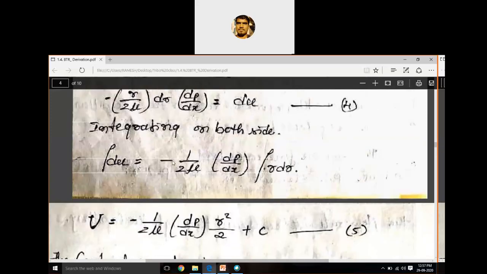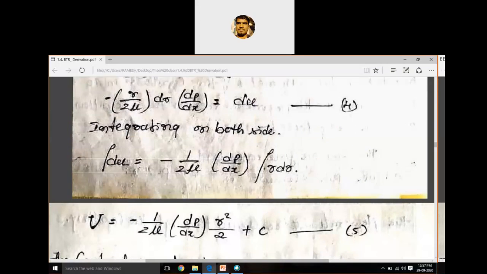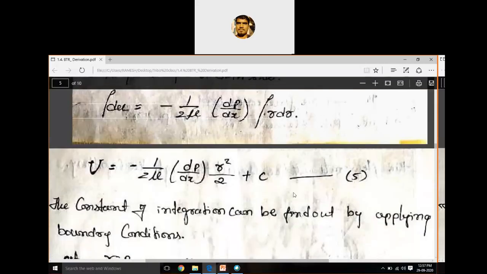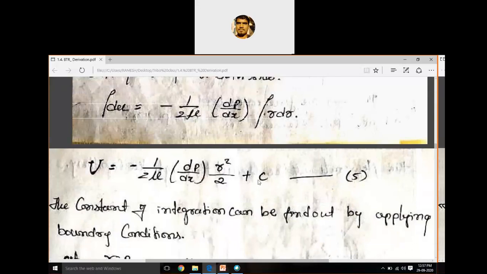Integrate du, here 1 by 2 mu dp by dx is a constant, and r into dr, we know that integration of r is equal to r square by 2 plus c, where c is the integration constant. You have to find out the value of c, then you have to substitute, because you have to find out the integration constant. How you are going to find out means, by applying the limits or boundary conditions.